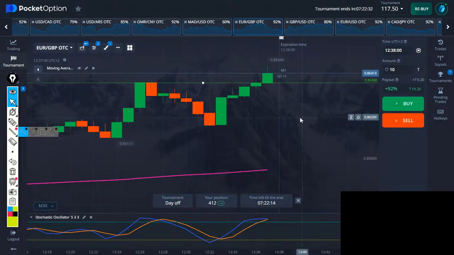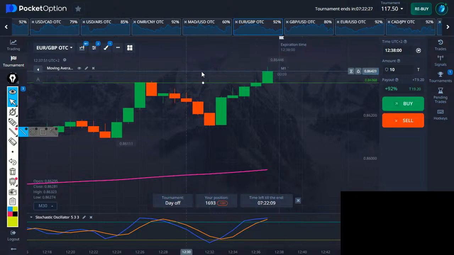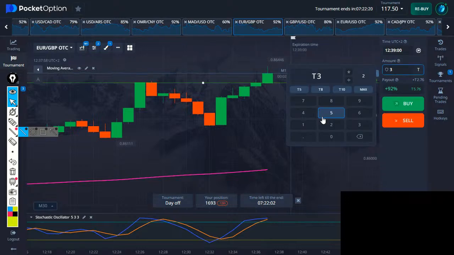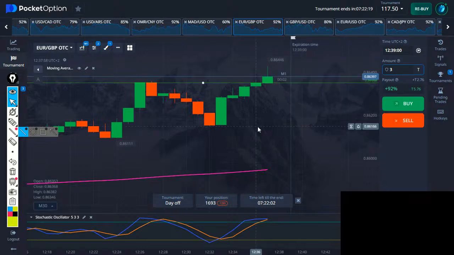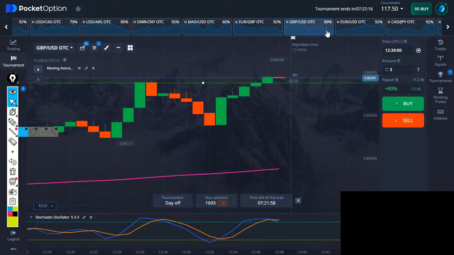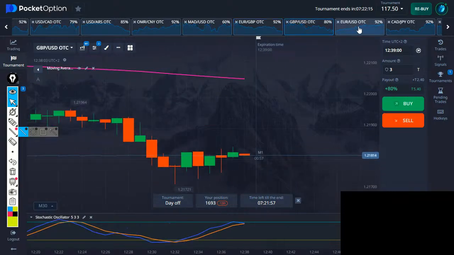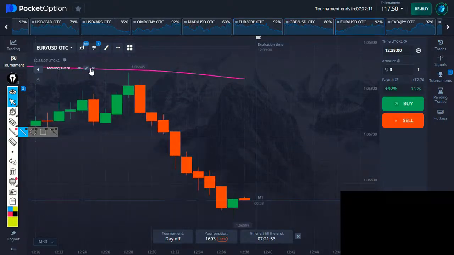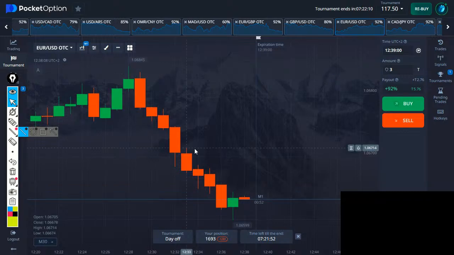It broke a strong supply area here. I'll reduce a little bit the trading amount to 3. Let me remove the stochastic, remove the EMA.